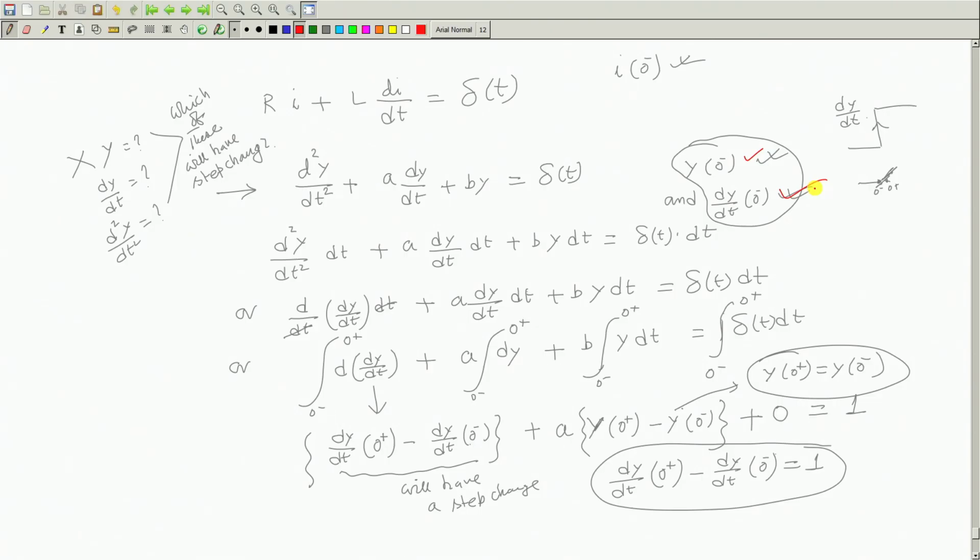Now, an impulse comes to this second order system. There was some y 0 minus, y 0 plus will not have a step change, it will be a continuous thing. So, I will now calculate y 0 plus, but this dy dt will have a step jump like this. So, dy dt at 0 minus I know.